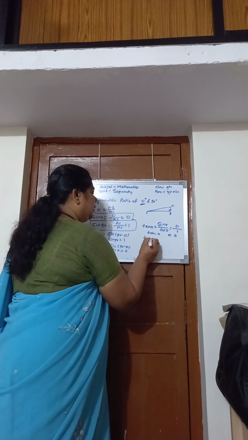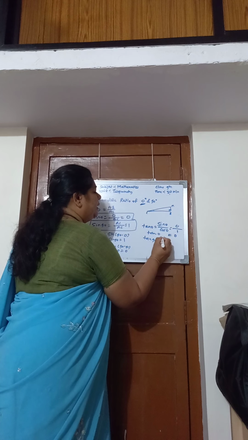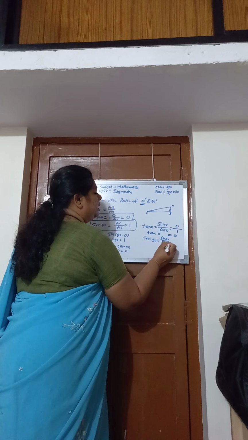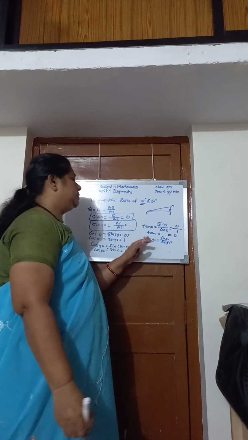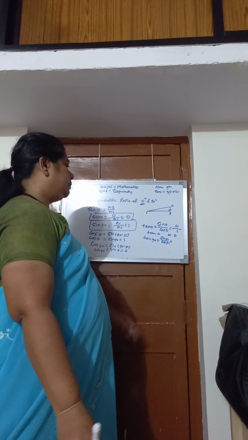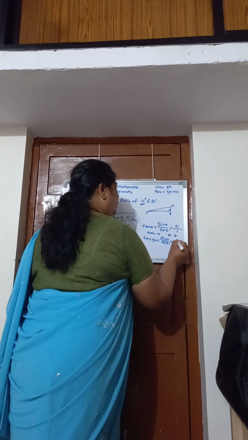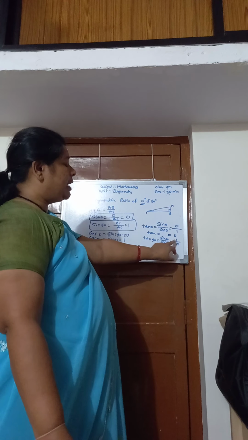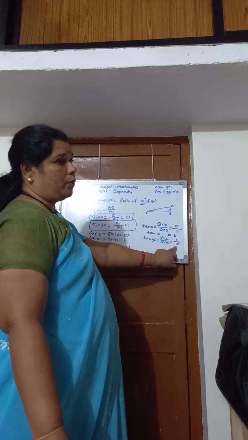Then tan 90. Tan 90 equals sin 90 upon cos 90. What is the value of sin 90? Sin 90 equals 1 and cos 90 equals 0. We have to divide 1 by 0.